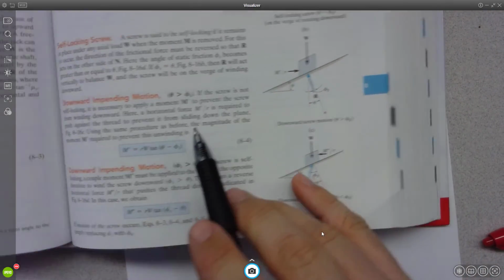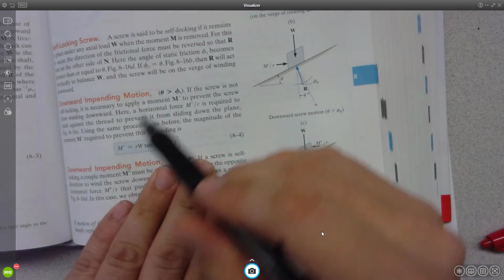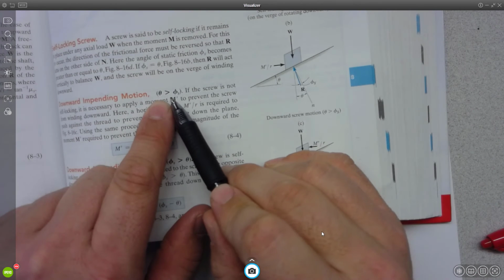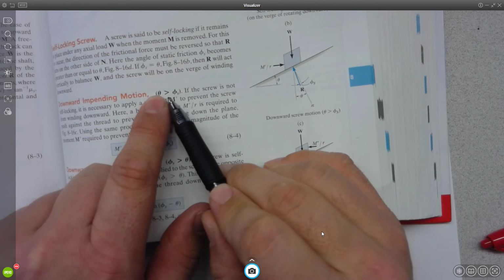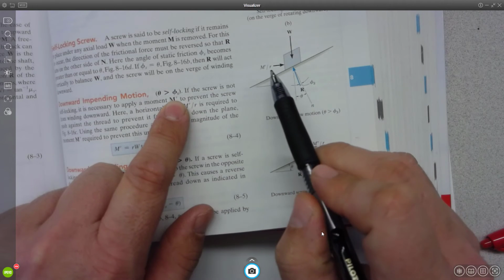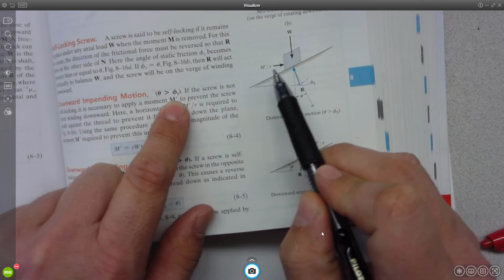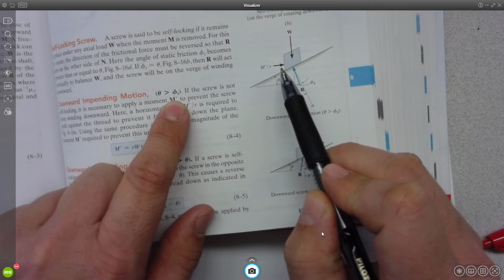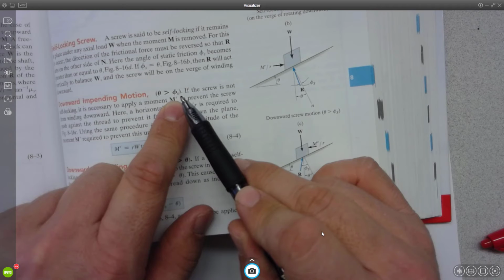So there's kind of two cases of downward impending motion. One is where the angle of friction is less than the angle theta. That means that this is not self-locking. It's going to slide down the ramp, and we have to put some moment or some force to hold it from going down the ramp. So this is a non-self-locking screw.